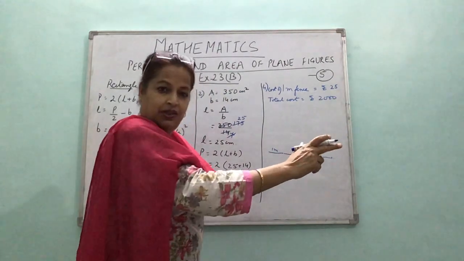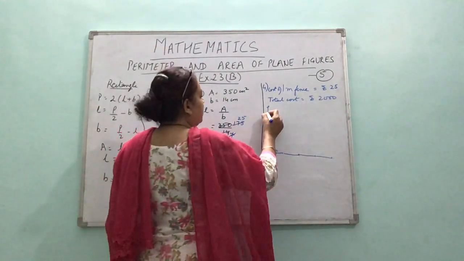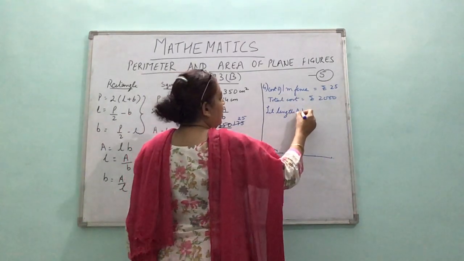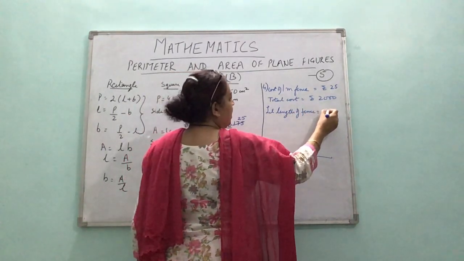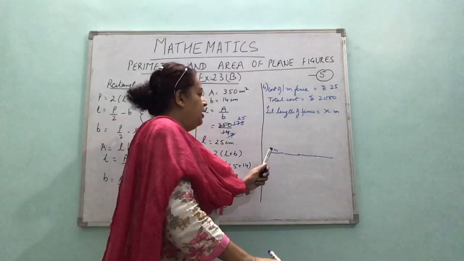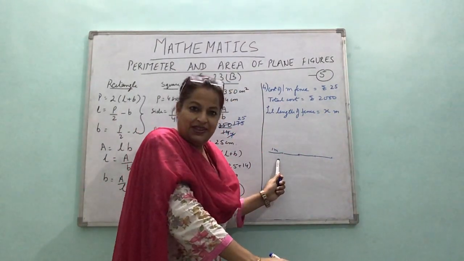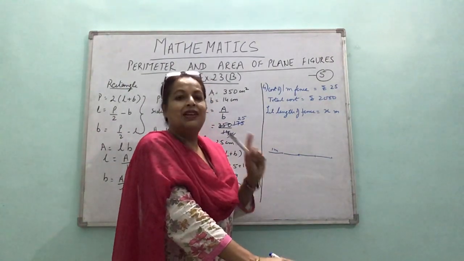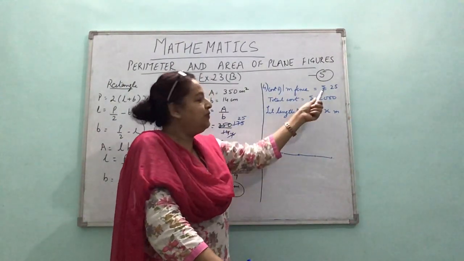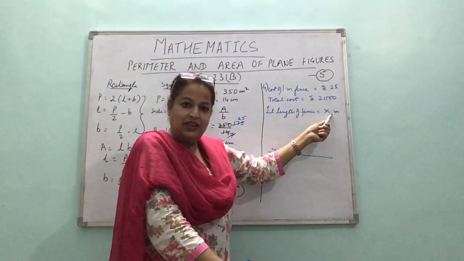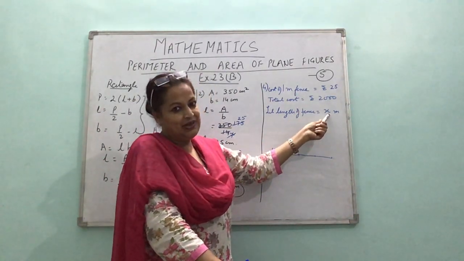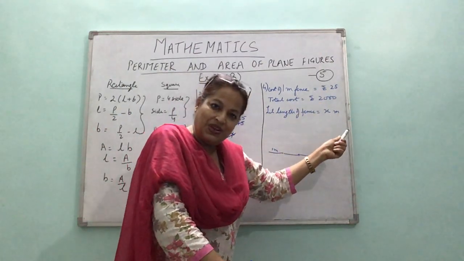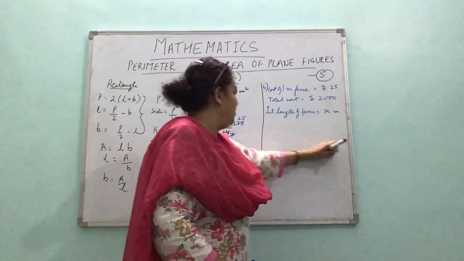Now we don't know the length of the fence. So let length of fence be x. Length of fence equal to x meter. So cost of 1 meter into the length should be the total cost. What is the cost of 1 meter? 25 rupees. And let's say the length of the fence be x meters. So 25 into x should be equal to the total cost. So that is what I am going to take.